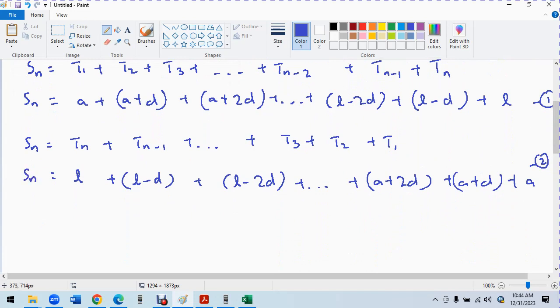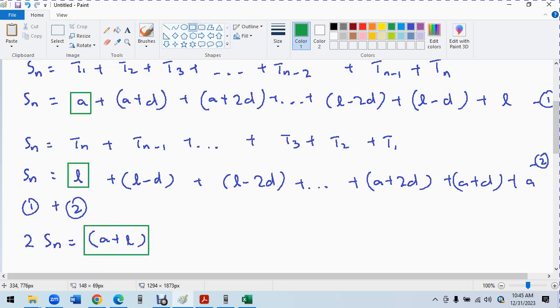This is the Sn. So we have the first equation plus the second equation. Then we have 2Sn, and this is a plus l. Why is it a plus l?